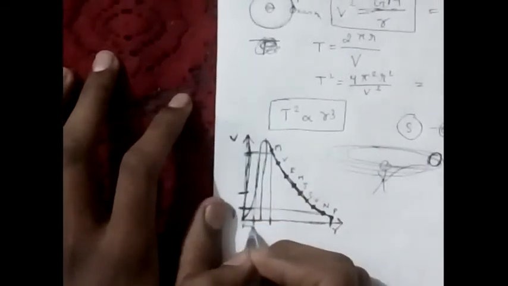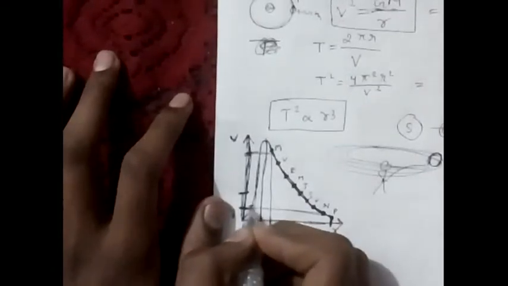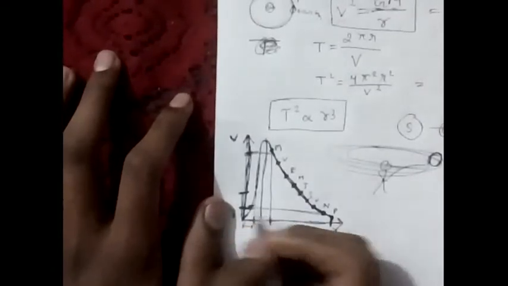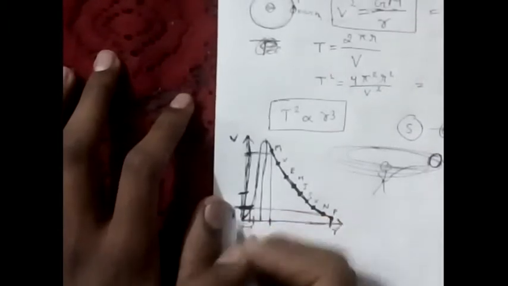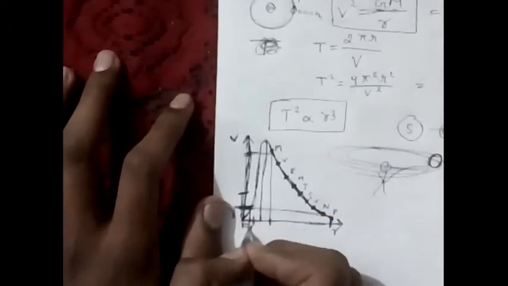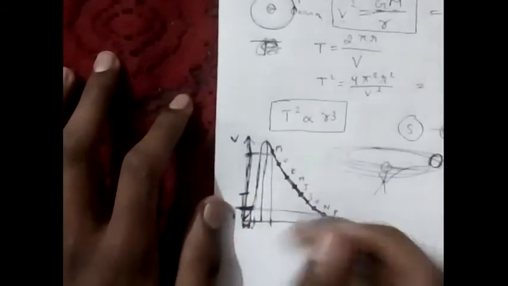When the distance is this much, the speed is this much. When the distance decreases and comes here, the speed comes here. This is the distance between the center of the sun and the mass. So this will be the diagram.